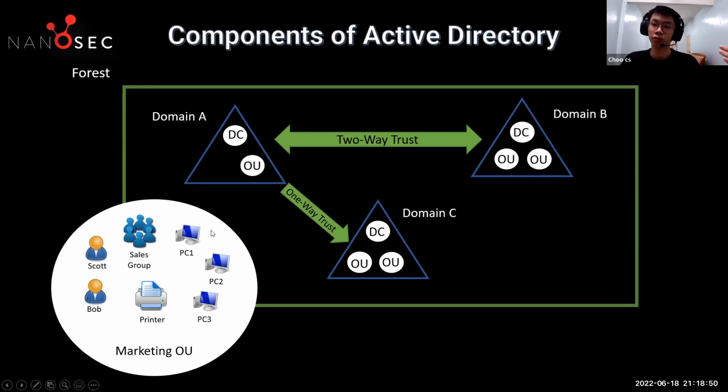The OU is very beneficial because for each OU you can assign a different group policy. For example, only marketing people can access these OU resources and cannot access other resources. Or maybe you set the group policy so that this OU can access another OU's resources. That's how an OU works and what it can include.